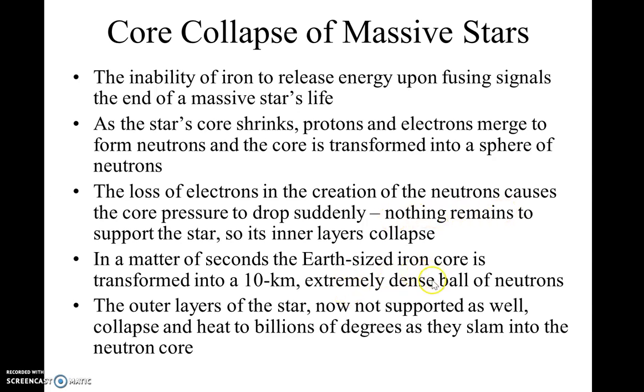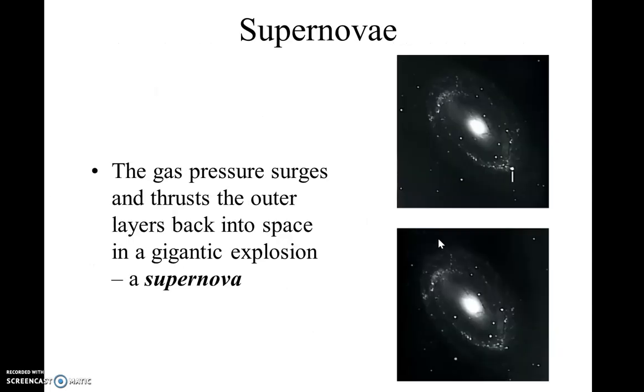You have this extremely dense ball of neutrons, and they basically smash into each other at the core, and this all happens in a matter of seconds at the end of a star's life, and the result is what's called a supernova. Okay, and a supernova is the explosion of a massive star, the death of a massive star.